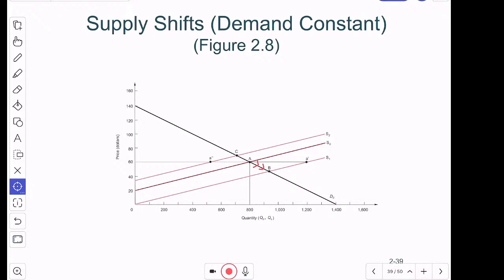In this case, at this price, consumers would demand A, and this is effectively where suppliers at this price will produce this amount here.